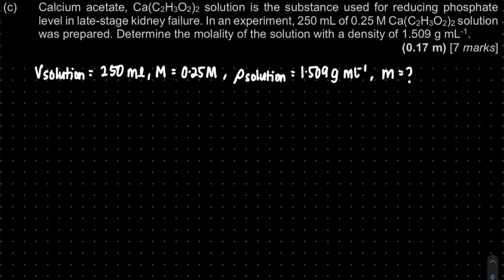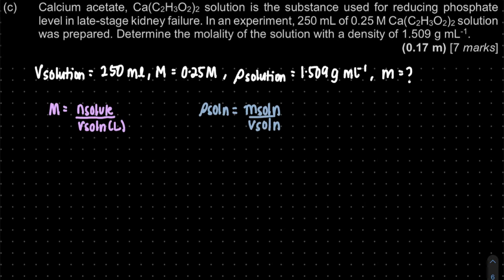The first one, molarity, is our mole of solute divided by volume of solution, which must be in liter. Next is the formula of density. Since this is a density of solution, I write down SOLN, which stands for solution. Density of solution is equal to mass of solution divided by volume of solution.